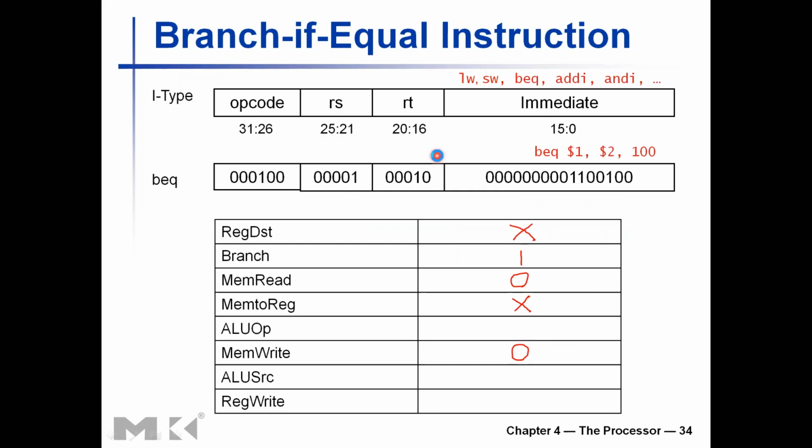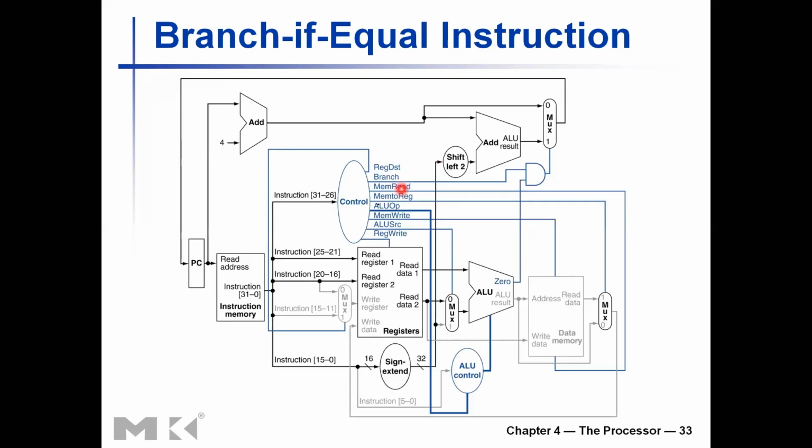ALU op value, that is this 2-bit control signal going into the ALU control to ask the ALU to perform a subtract operation on the 2 register operands. What should be the value?